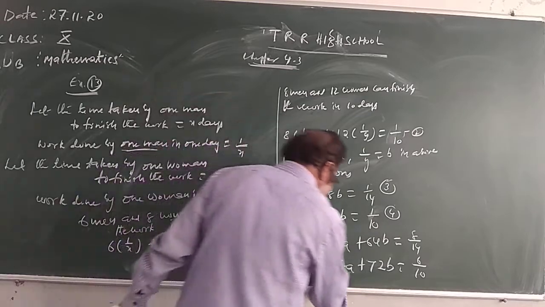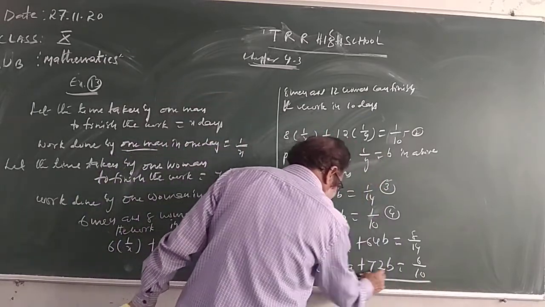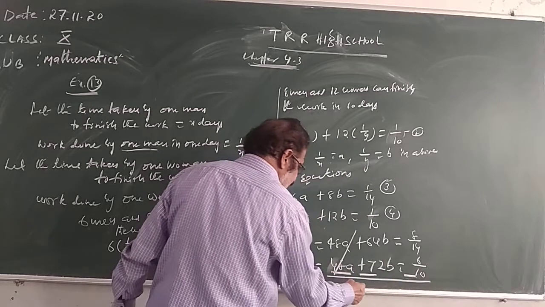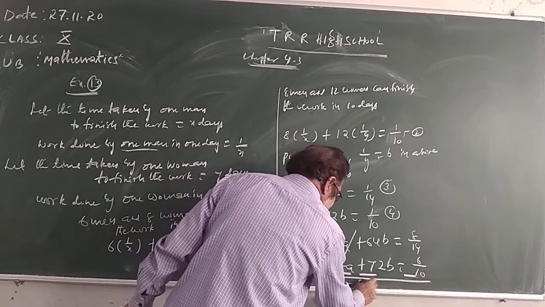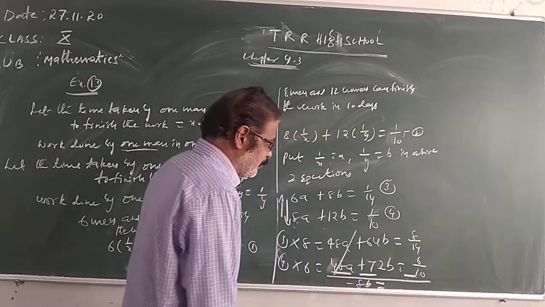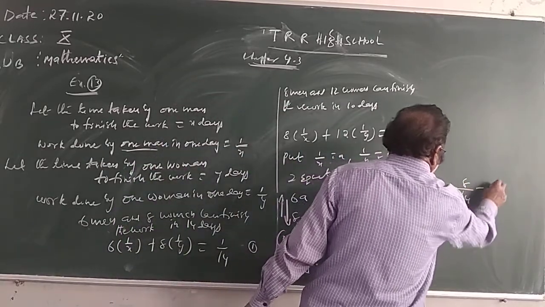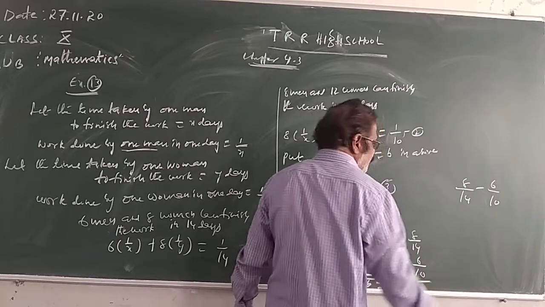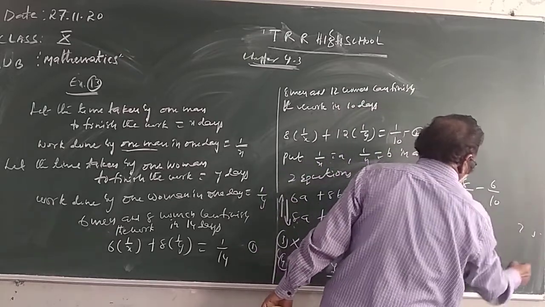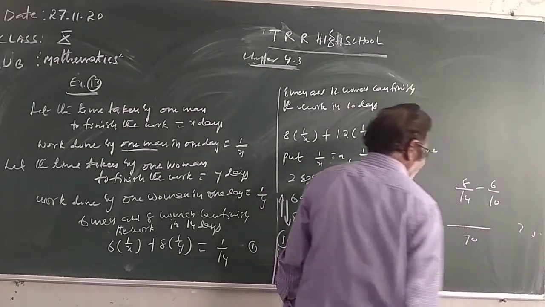Now change the signs. Minus, minus, minus, cancel. Minus 8b is equal to 8 by 14 minus 6 by 10. Simplify it. 70 is the LCM.